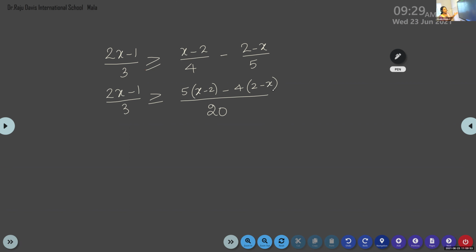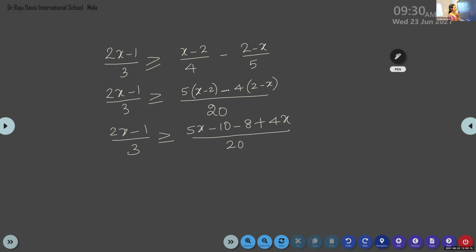Okay, now we are making it a single term. So we get (2x minus 1) by 3 is greater than or equal to (5x minus 10 minus 8 plus 4x) by 20. Is it okay, children? Here you have to be a little bit careful. Here minus is outside.